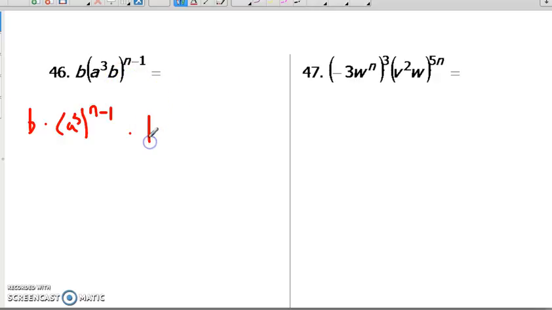And then I have b raised to the n minus 1 power, all right. So I have to multiply. Now I hope that when you see this, the first thing that comes to your mind is distributive property. So when I multiply this together, I'm going to have b times a, and then distribute 3 times n, 3 times negative 1. So it's going to be a to the 3n minus 1, and then b to the n minus 1.